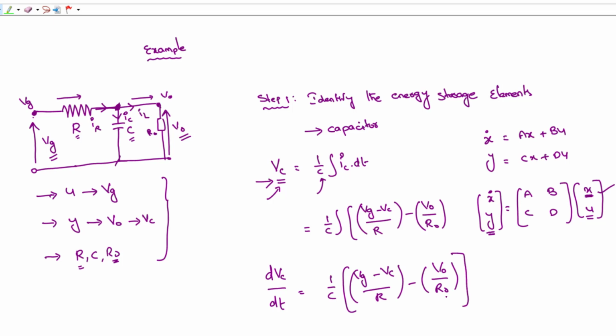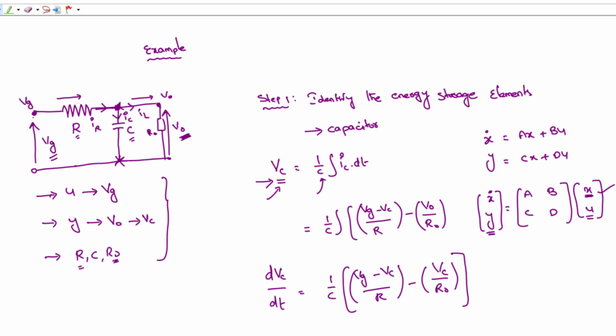One important thing that you need to take into consideration, V0 is equal to Vc. The voltage drop across the output is equal to this voltage drop here. I will represent this V0 as Vc directly. Now let us segregate the terms.